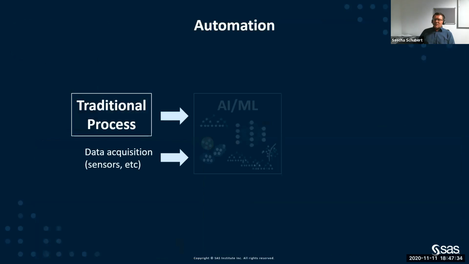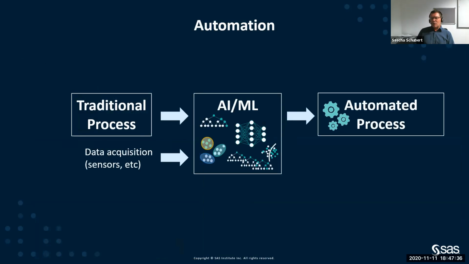But when we look at the automation that I want to talk about today, it's not the automated process at the end of a machine learning pipeline, where we have a traditional process that creates certain types of data from sensors, from cameras, and so on. Then you have an artificial intelligence, machine learning black box, where you have certain models, and that is fed into the automated process that I just talked about.